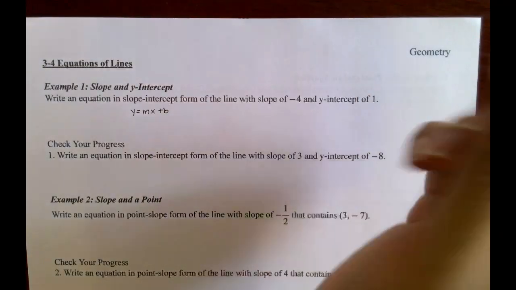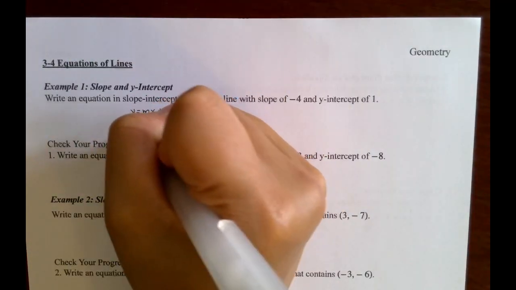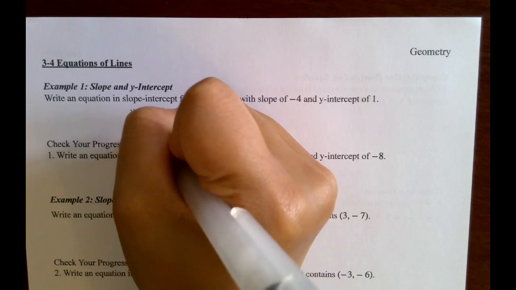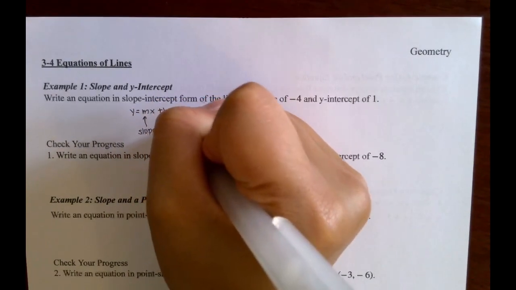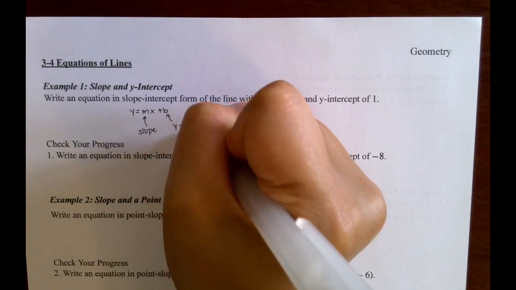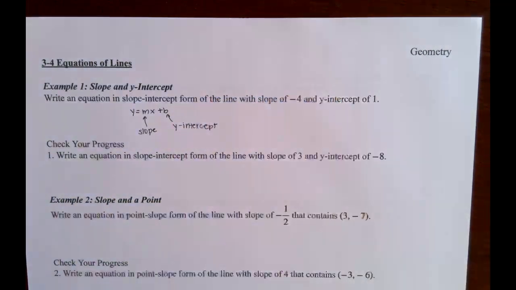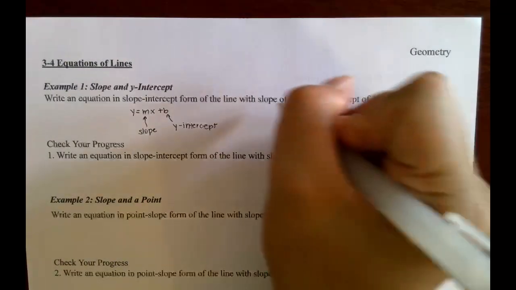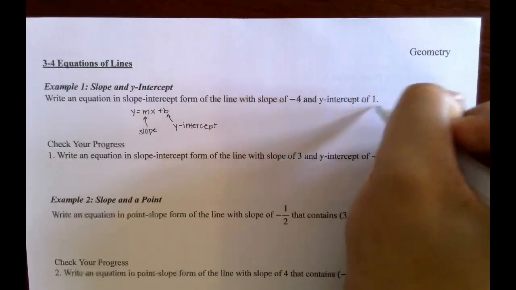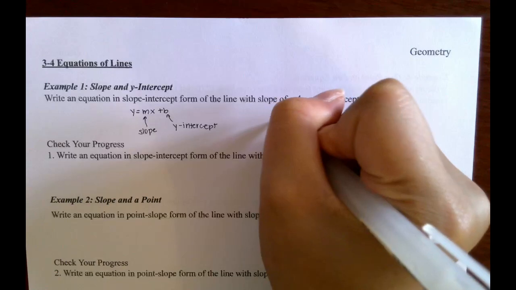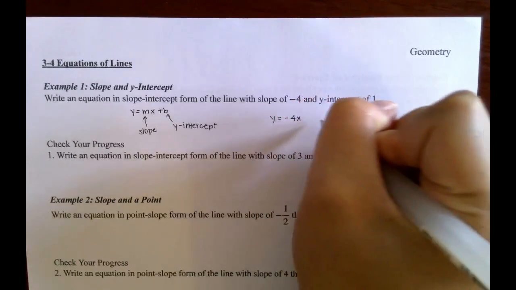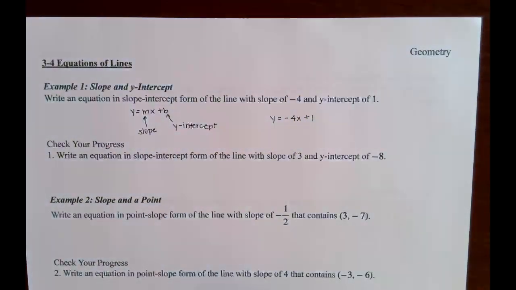The reason why it's called slope-intercept form is because it gives us the slope and it gives us the y-intercept. The slope is m, y-intercept is b. So here, I already know the slope is -4 and the y-intercept is 1. So y equals -4x plus 1. Okay, so it's nice and easy.